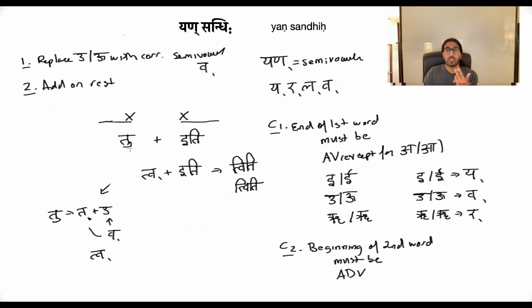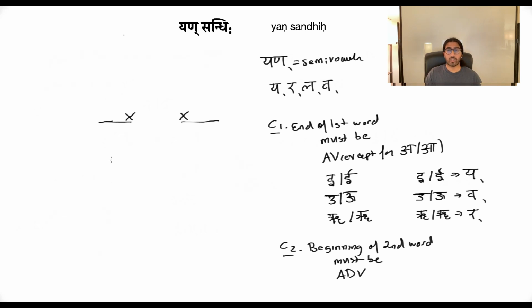Now let's look at a short Ri and long Ri. Say we have the word pitru. Pitru is father. And let's add the word atra.